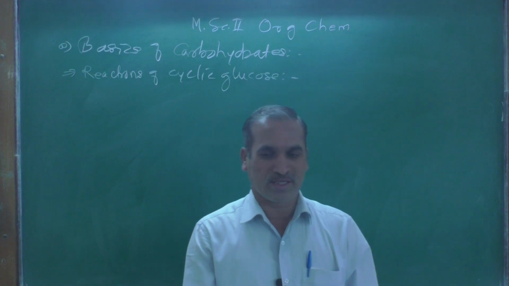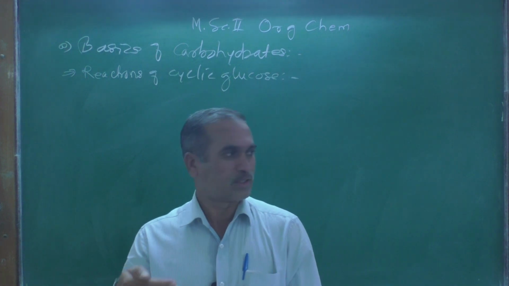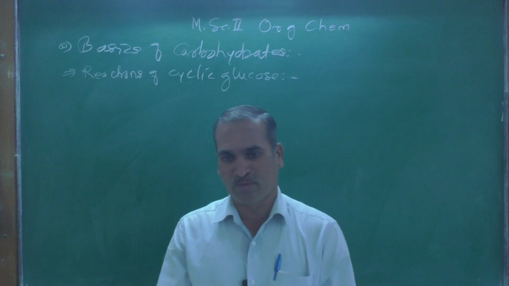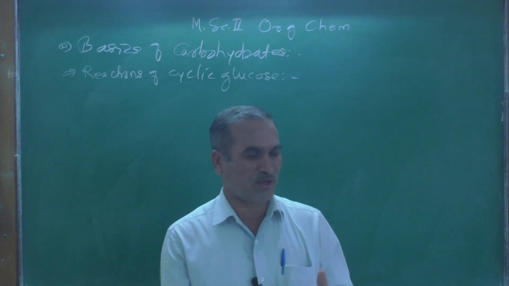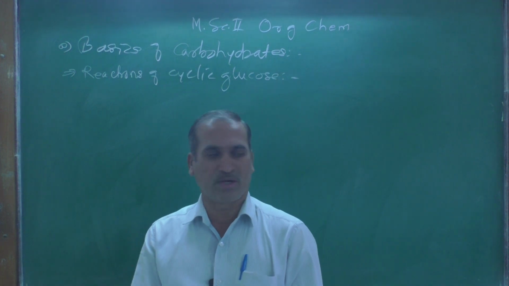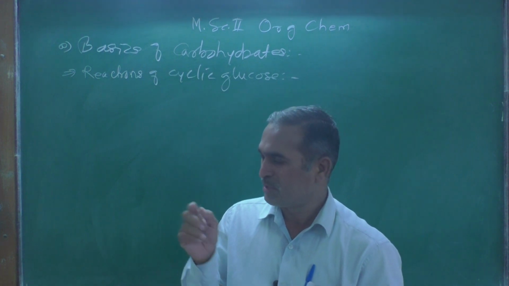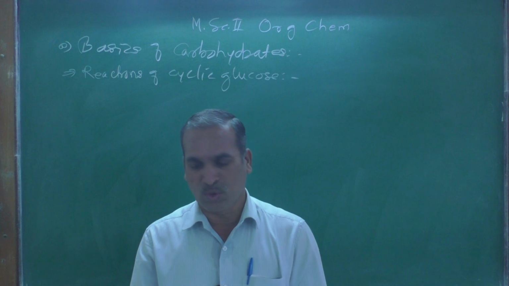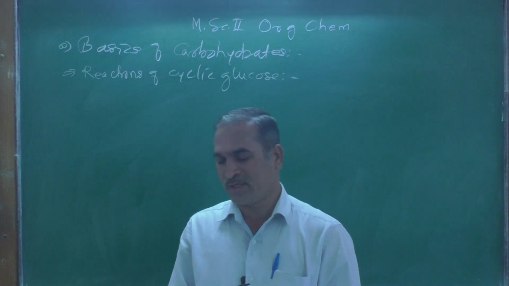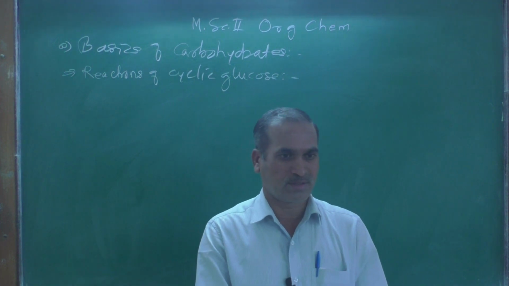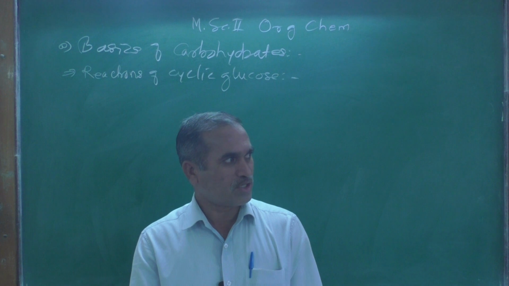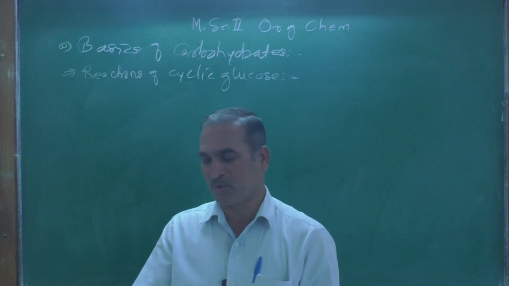I think we were discussing the Haworth projection formulae, how to convert Fischer projection formulae into Haworth projection formulae, meaning the cyclic form of glucose. We also discussed the anomers, meaning the two forms of D-plus glucose, the alpha form and the beta form, how to represent these structures, and how we convert the Fischer projection formula into a Haworth projection formula.